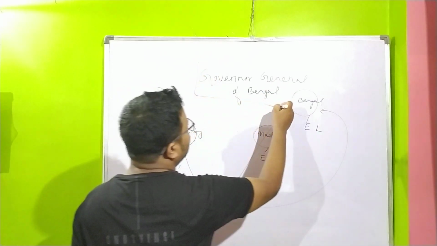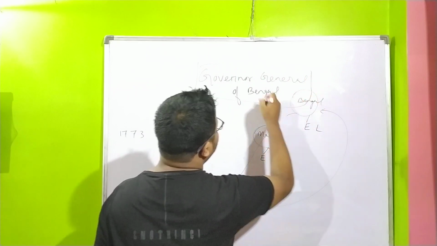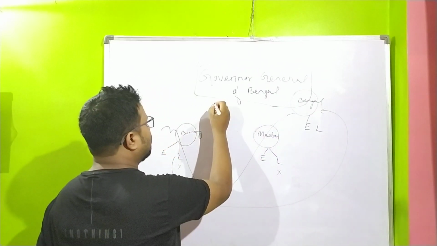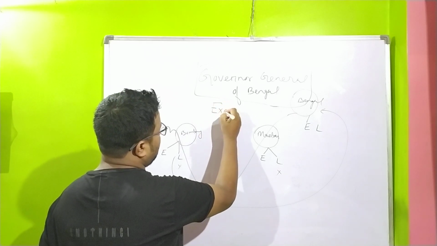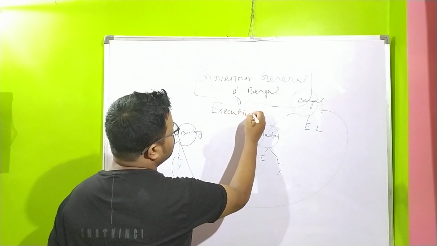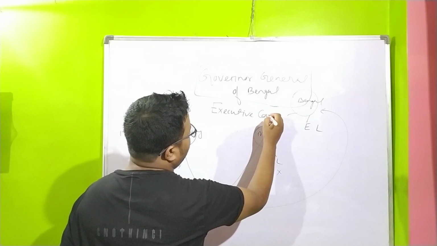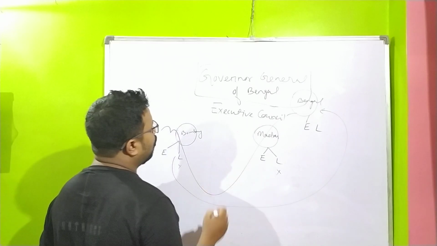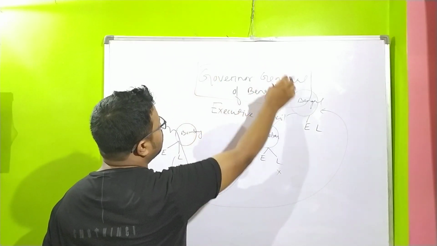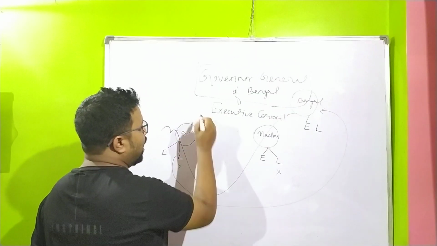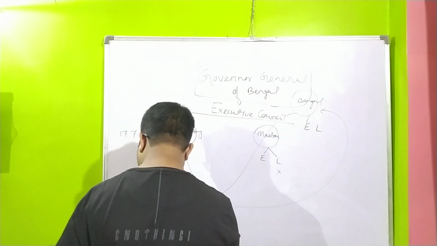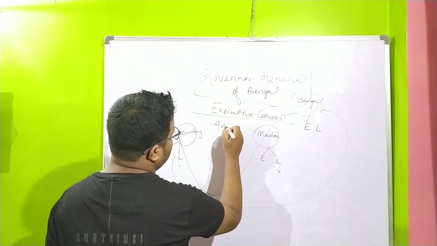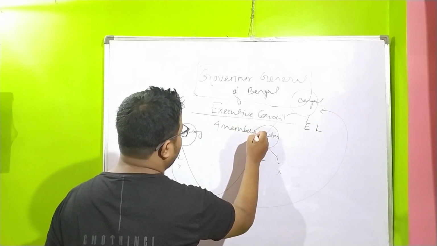In order to aid the Governor General of Bengal, an executive council was formed. This executive council had 4 members.